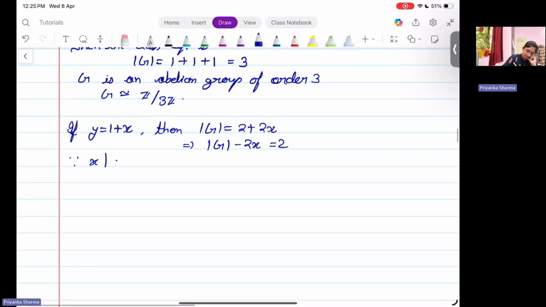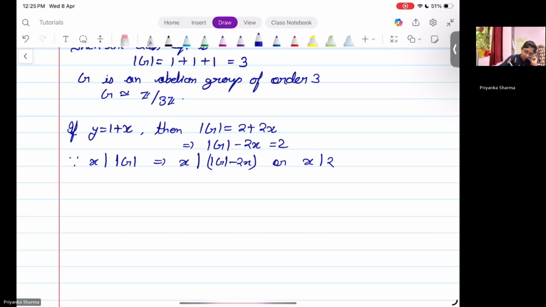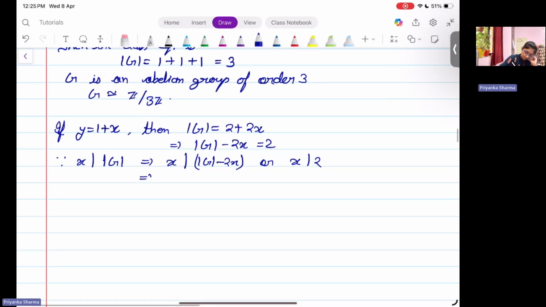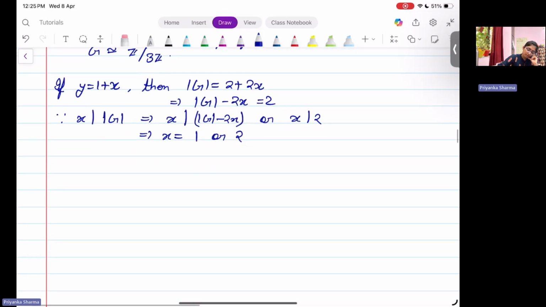Hence x divides order of G, and x divides 2x, so x divides 2. x can be either 1 or 2. What if x is 1?